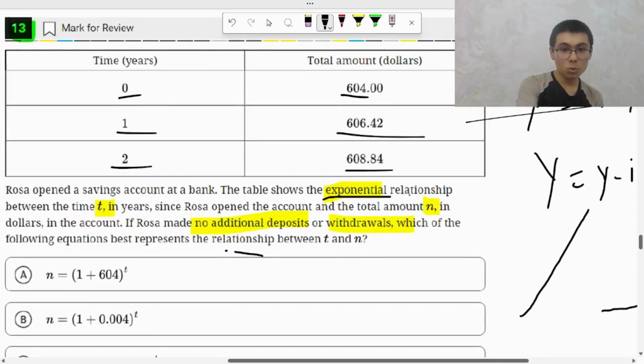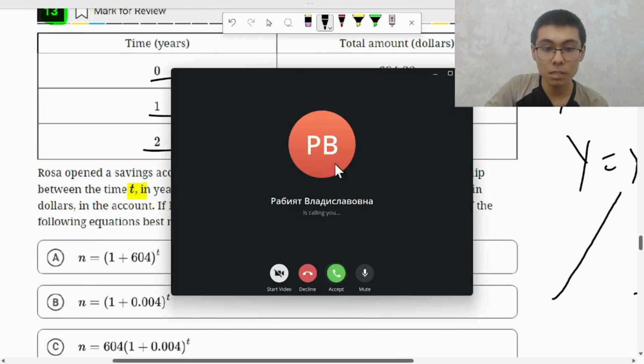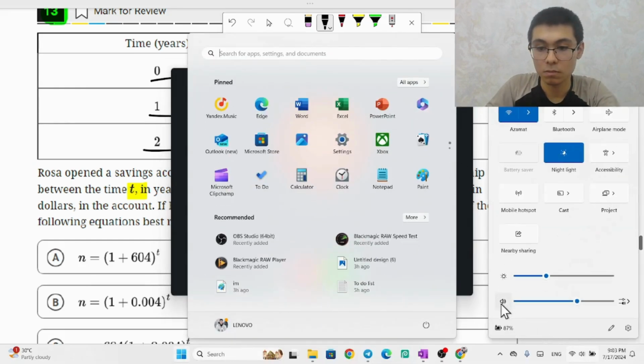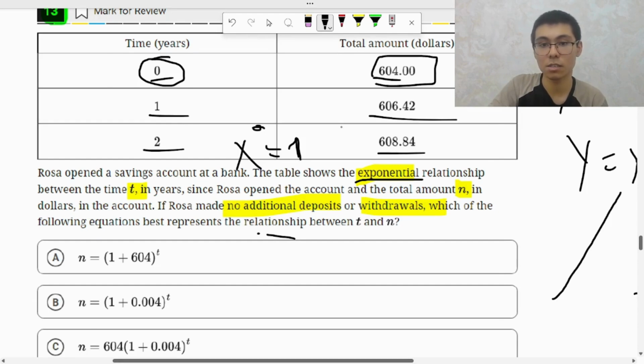So, A, as I said before, any number in the power of 0 is gonna be 1. So in this case, that's why I'm gonna choose this. Oh yes, and I've got to have this amount of dollars. So instead of t, I'm gonna put 0, and here we get 1. It's not 604, right?